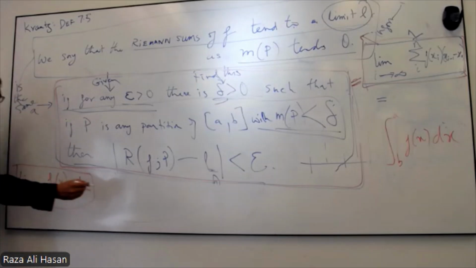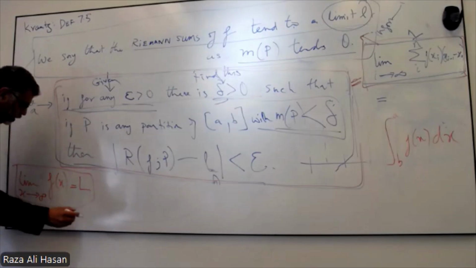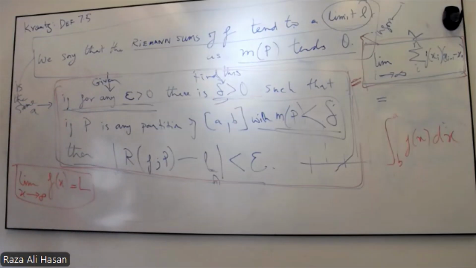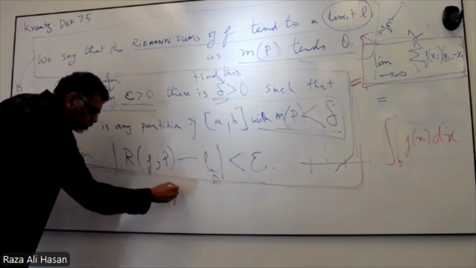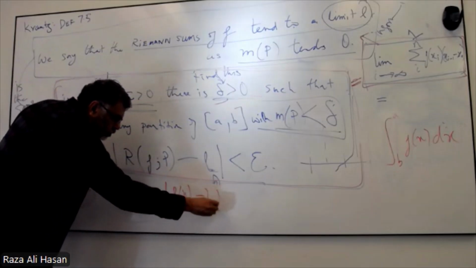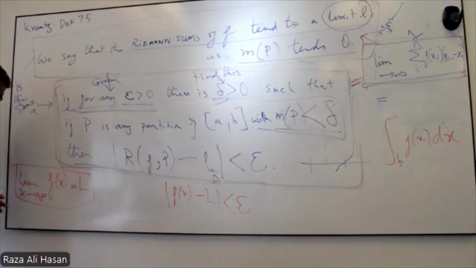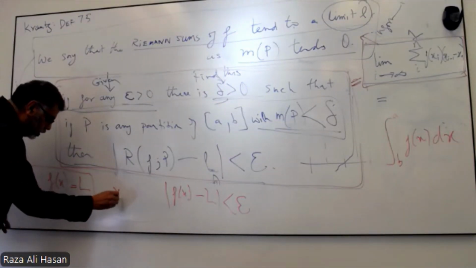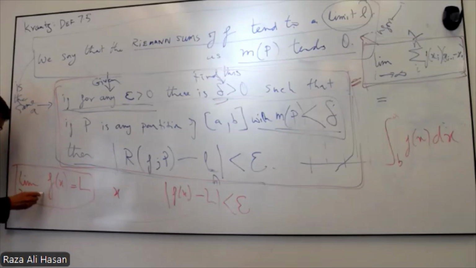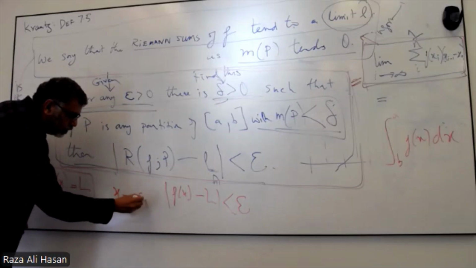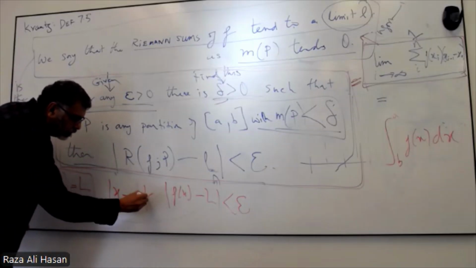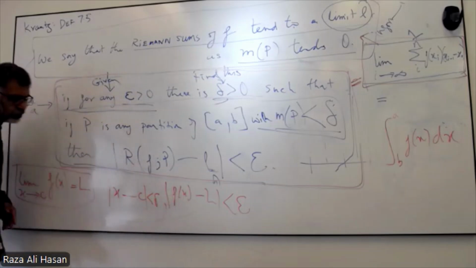We're going to have, and then this bit here would have been, sorry, c here, less than delta.